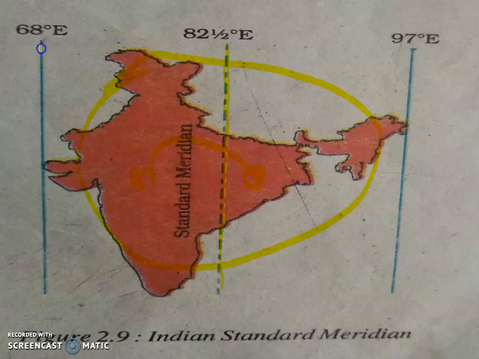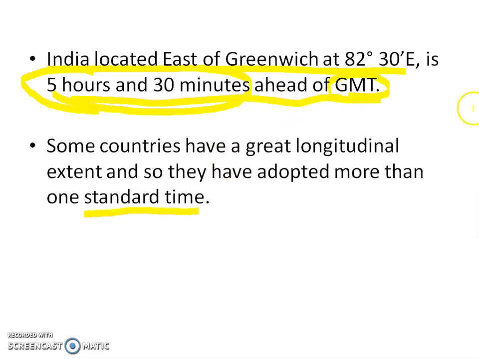The first longitude is at 68 degree east, the next is 82 and a half degree east, and the third is 97 degree east. So there is very little longitudinal extent, but in some countries there is more, and because of that they have more than one standard time. Understood?